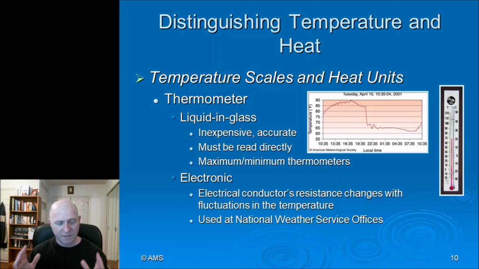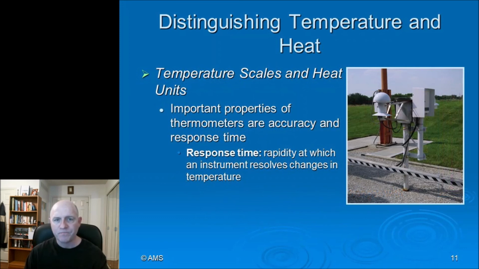In other words, there's an electrical conductor with some kind of resistance, and that resistance changes with fluctuations in the temperature. So it's a very, very high correlation. As we see a change in the electrical signal, we can easily correlate that to temperature.